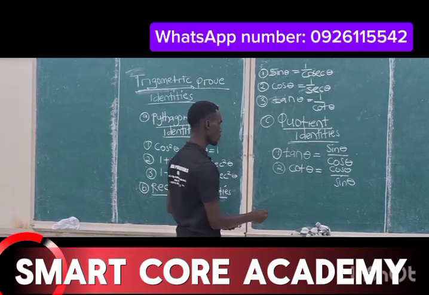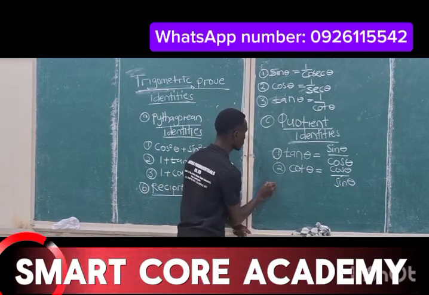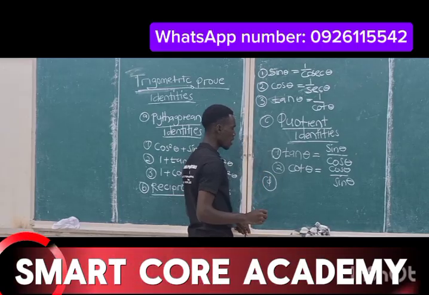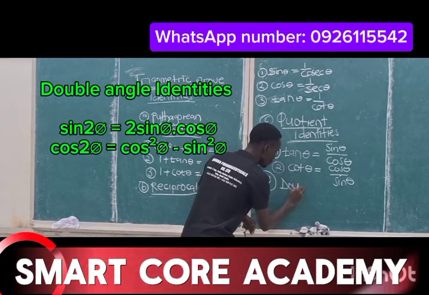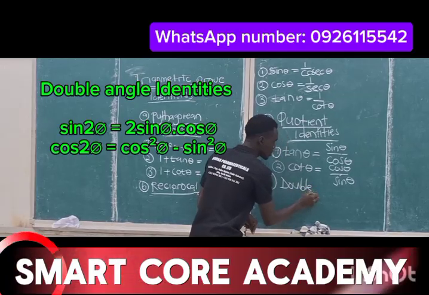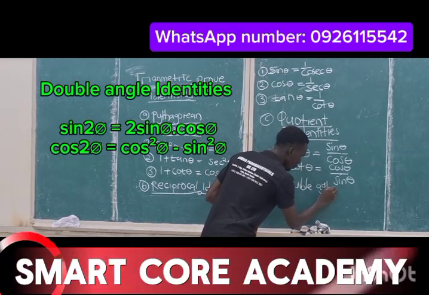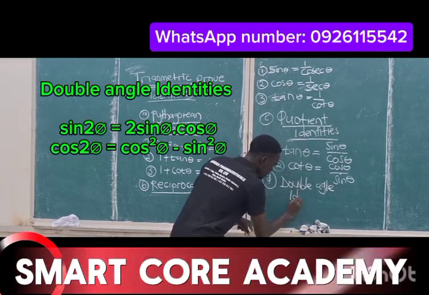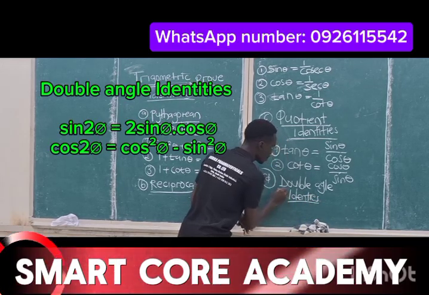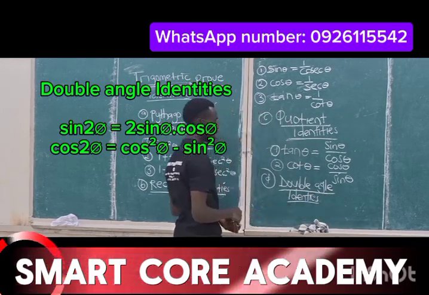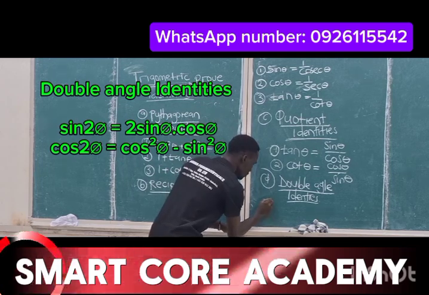Finally, we have what we call double angle identities. Talking about double angle identities, we have 2 of them.